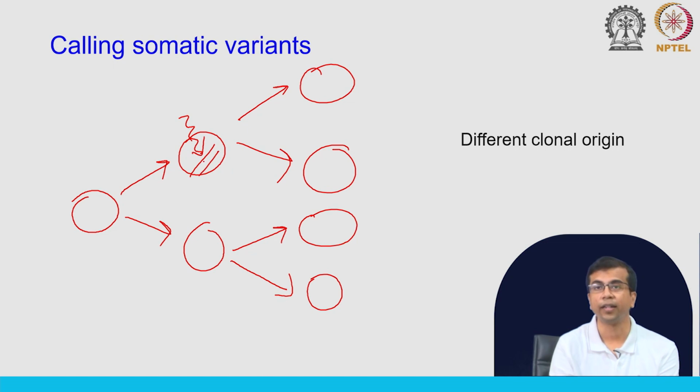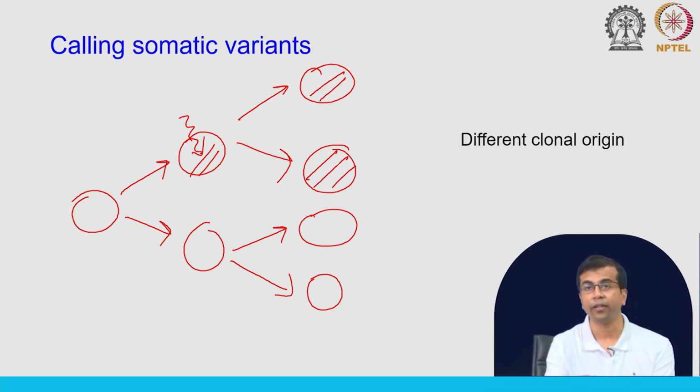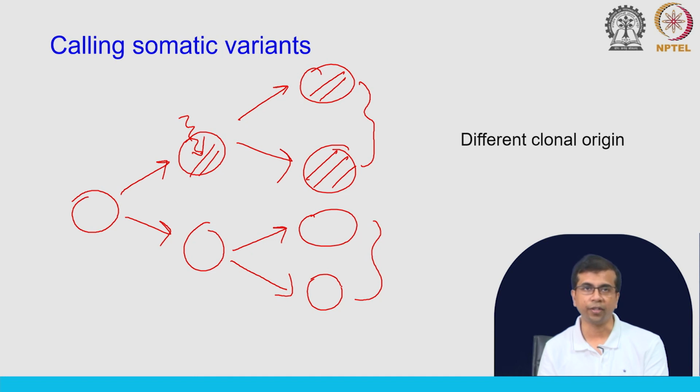This cell gets this mutation. So, what we will see is that this variant will be present in this one as well as this one, right. So, they are originating from this cell. So, these two cells here will also carry the same mutation, whereas these other two here, at the end, will not carry this mutation, right. So, they are arising from two different clones. So, that is why you see this difference, okay.